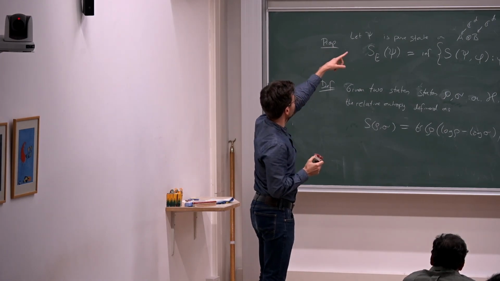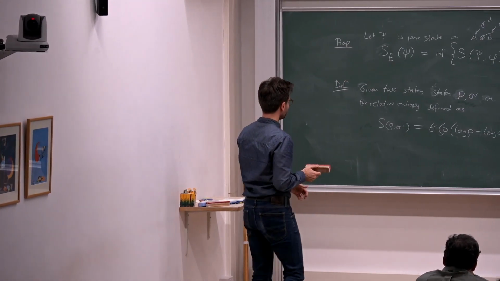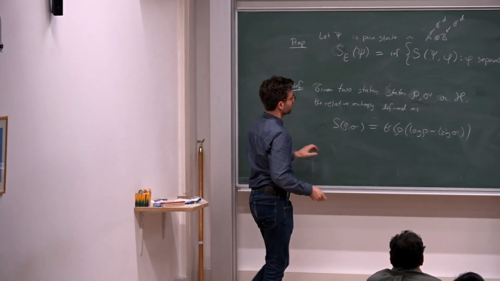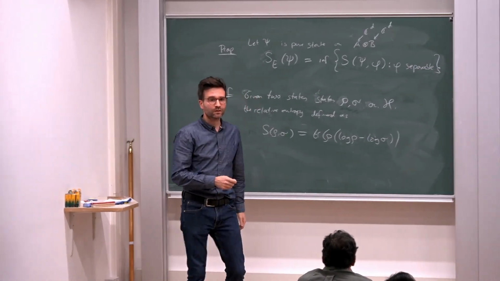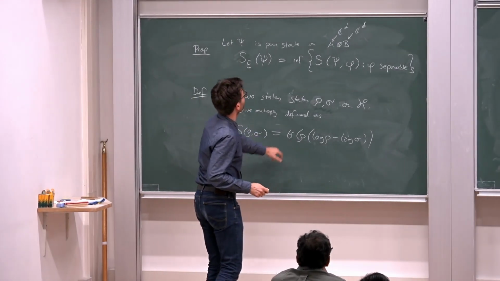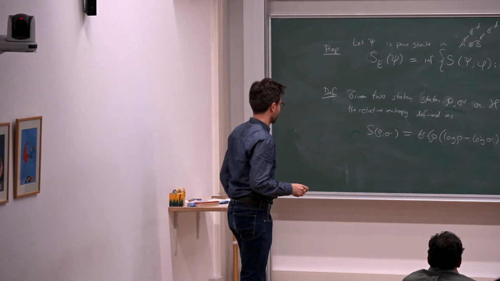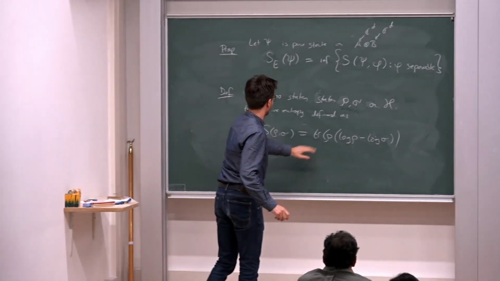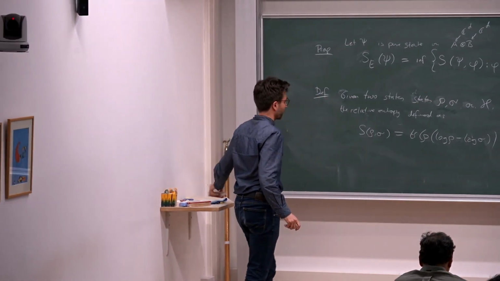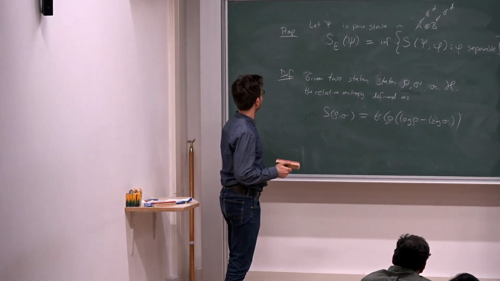You can still get the same formula for rho A and rho B. Should there be a minus sign in front of the trace? In front of which trace? Here? No, there's no minus sign. There's a minus sign over there, but there's no minus sign here. So this should be the relative entropy.